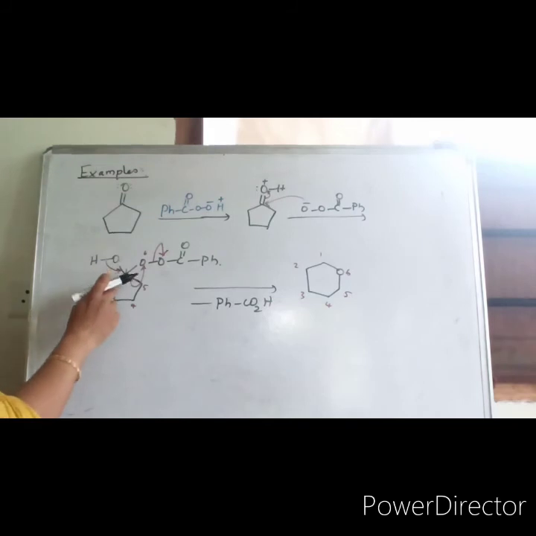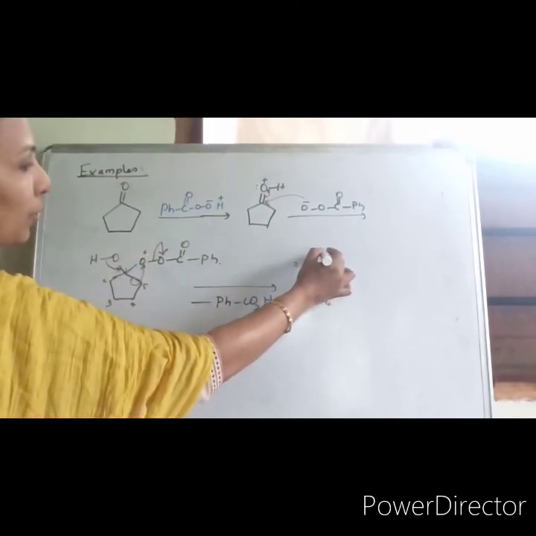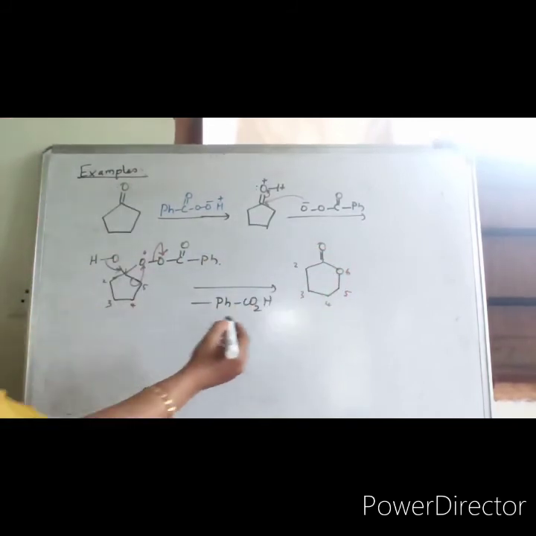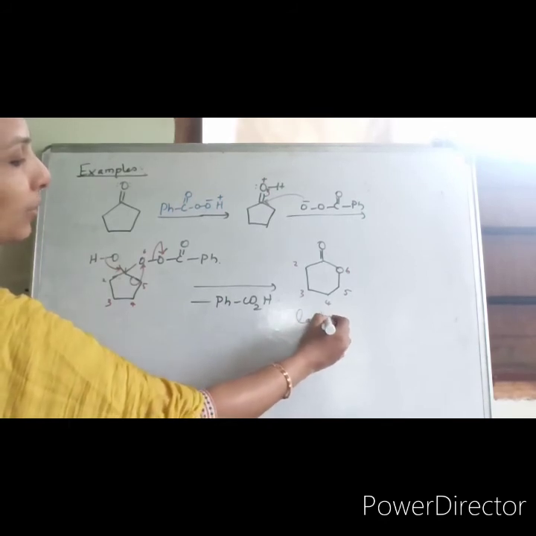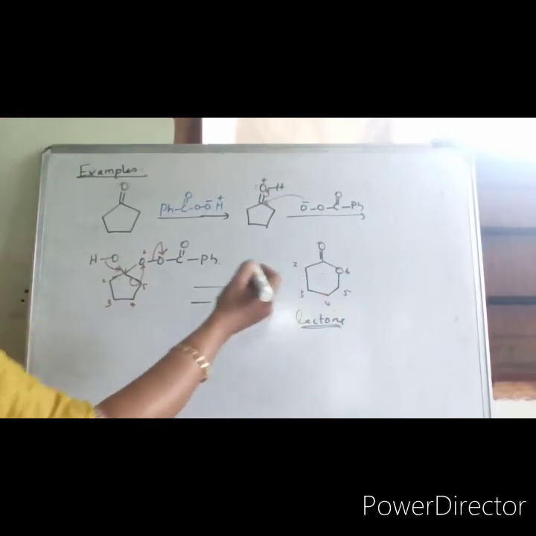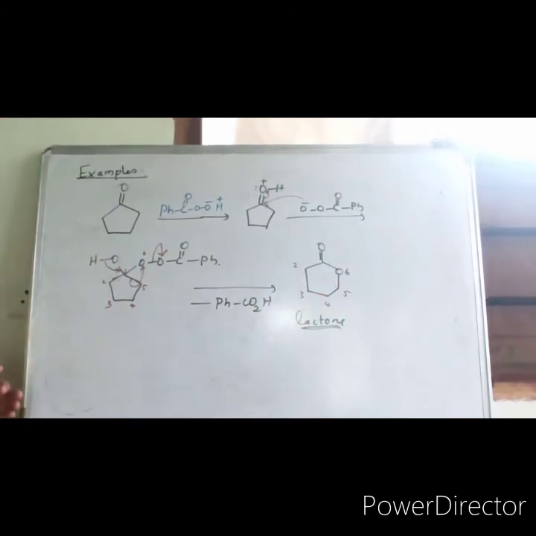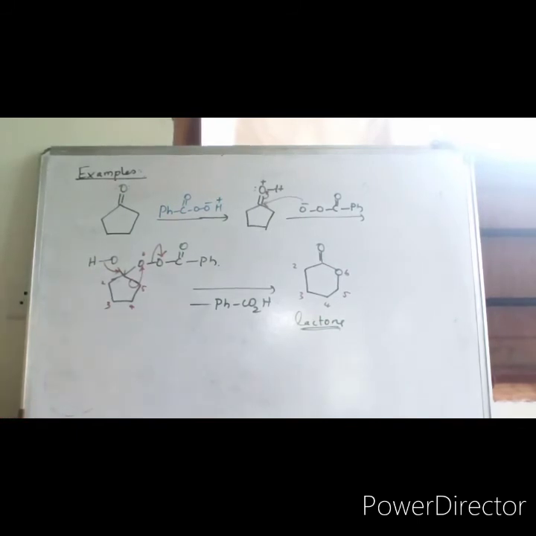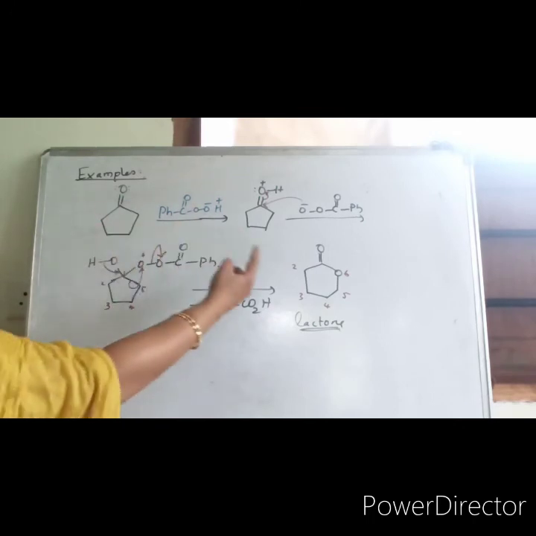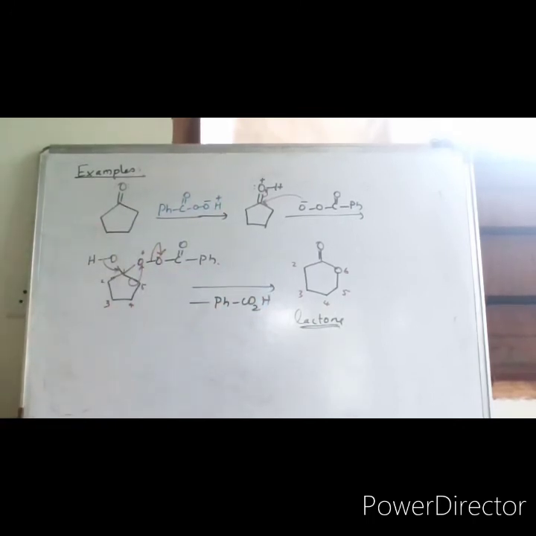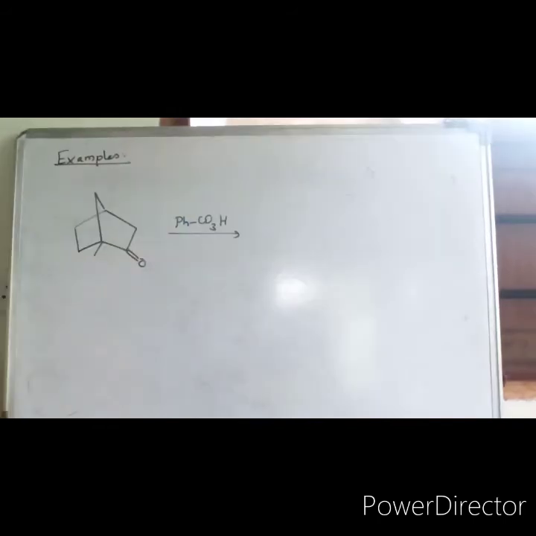Now you can see in the first carbon there will be a carbonyl group. So this is the lactone or cyclic ester. Cyclic esters are called lactones. So this is the mechanism of Baeyer-Villiger oxidation in cyclic ketones. Cyclic ketones will be undergoing ring expansion. Okay, you will be getting 6-membered cyclic lactones.